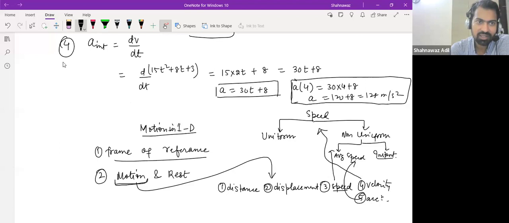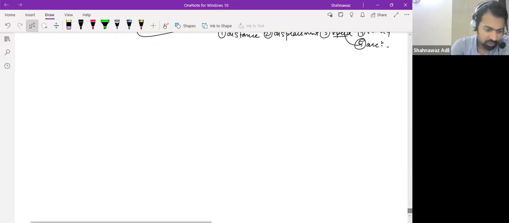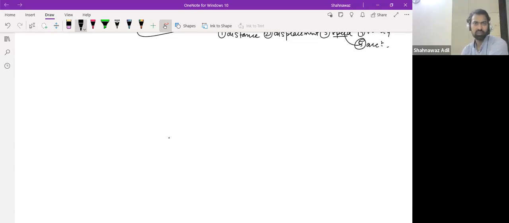Now the next topic is about when you have. So we understood about acceleration, right, guys? How many types of acceleration did we have? Two, right? So there were two kinds of acceleration that we talked about.